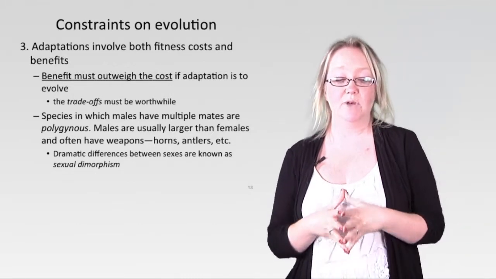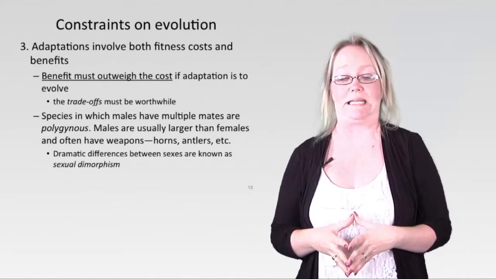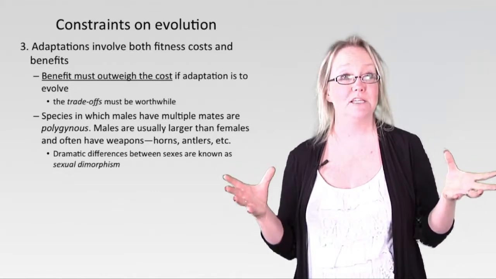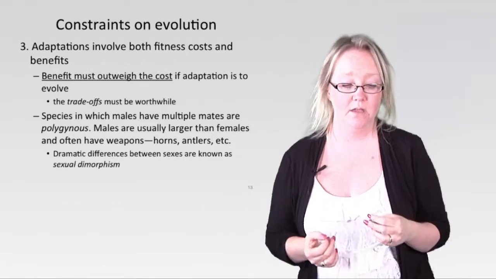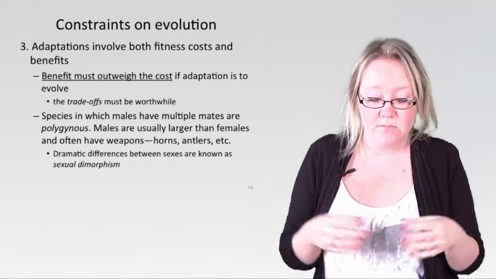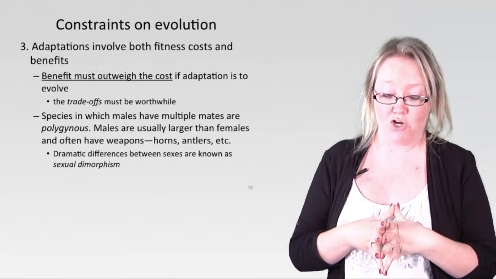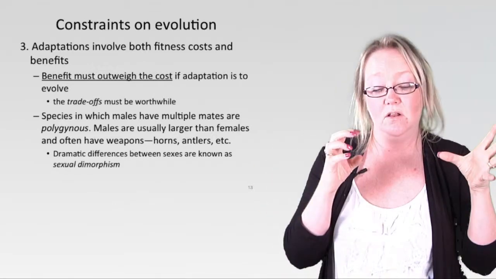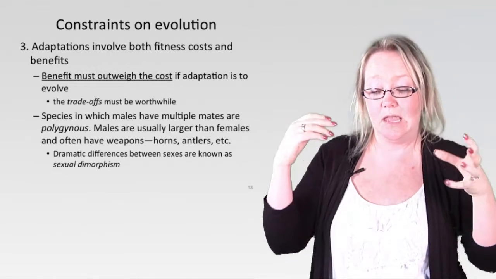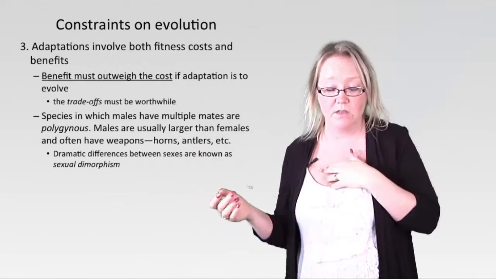Species in which males have multiple mates are what we call polygynous. We're going to look at different mating strategies, different types of social groups within organisms. Males are generally larger in polygynous relationships. So males have multiple mates. You've got multiple males and multiple females.